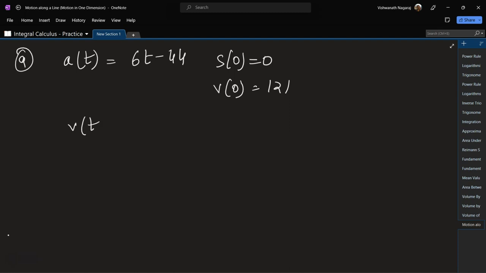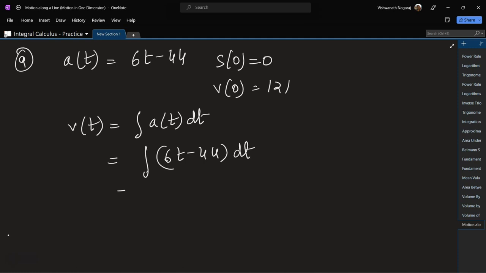So v of t is equal to the integral of a of t dt, which is equal to the integral of 6t minus 44 dt, which is equal to 6t square by 2 minus 44t plus c1, 2 3's, and here v of 0 is 121.